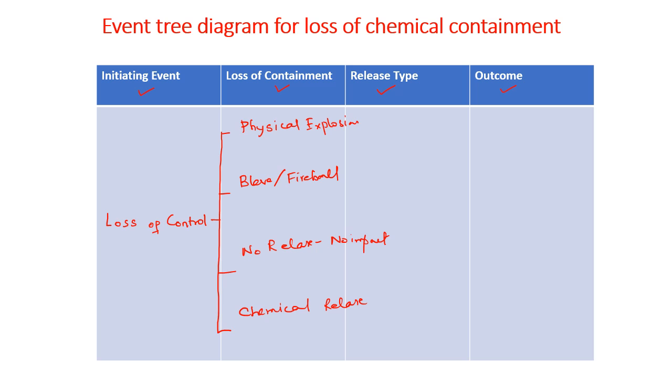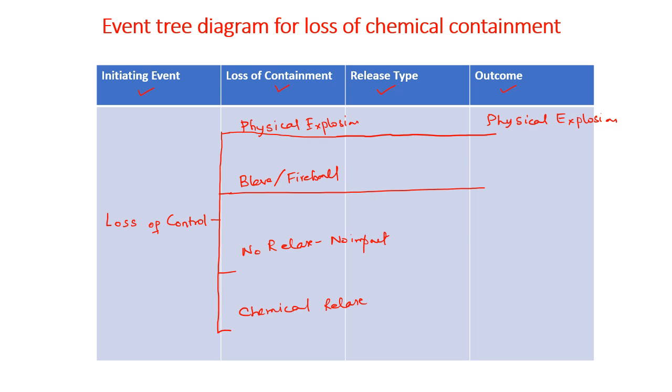Now, in case of the physical explosion, there is no particular release type, and the outcome will be the same. It will be physical explosion only, right? Same for the case of the BLEVE and fireball.